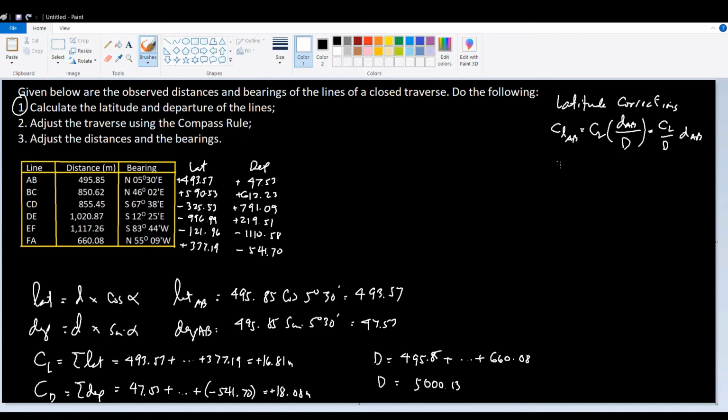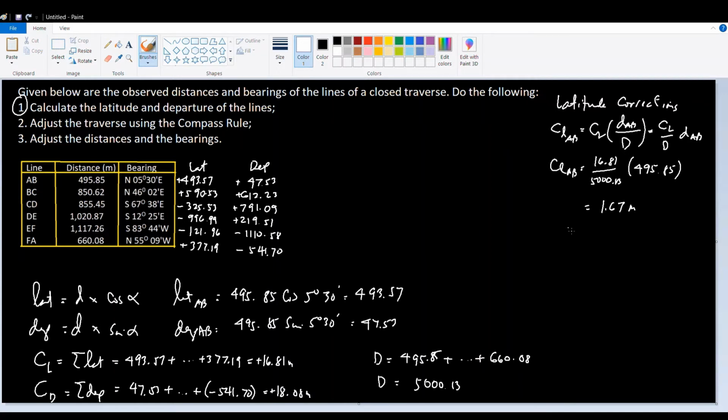So CL of AB is equal to the closure in latitude, 16.81, divided by the total distance of 5,000.13, multiplied by the distance of AB, 495.85, and that should give us 1.67 meters.